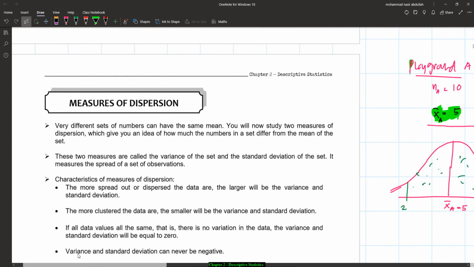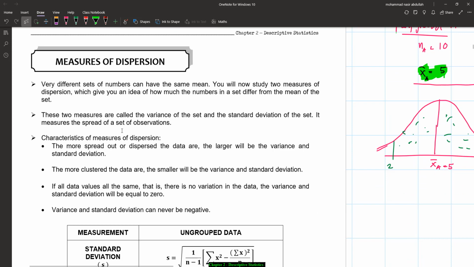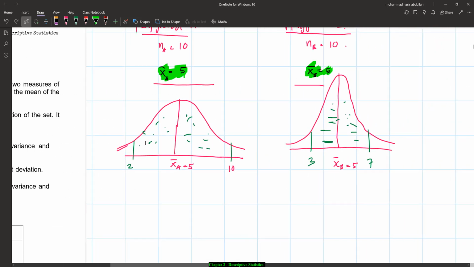That's why we need to accompany the measure of central tendency with the measure of dispersion, to know whether the distribution is good for doing a prediction, or whether we need to collect more data. Obviously, here the data is more dispersed. We don't know which value is more frequent. What we know here is that the mode is at 5, meaning many children are 5 years old, but the spread of the group is not within the same range. It is more spread out.